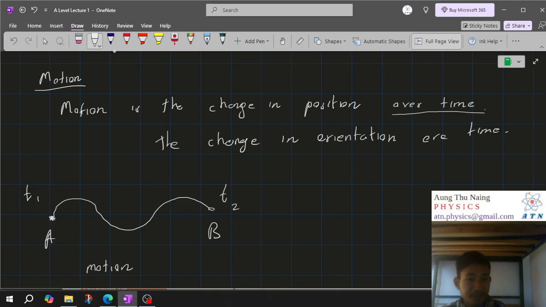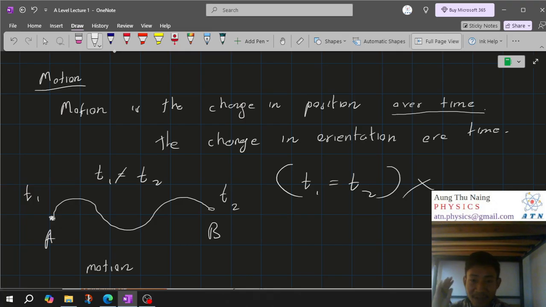In this case, t1 and t2 are not equal. In every type of motion, there is no case where t1 is equal to t2. This is meaningless for motion, because for every object, it takes time to move from point to point.